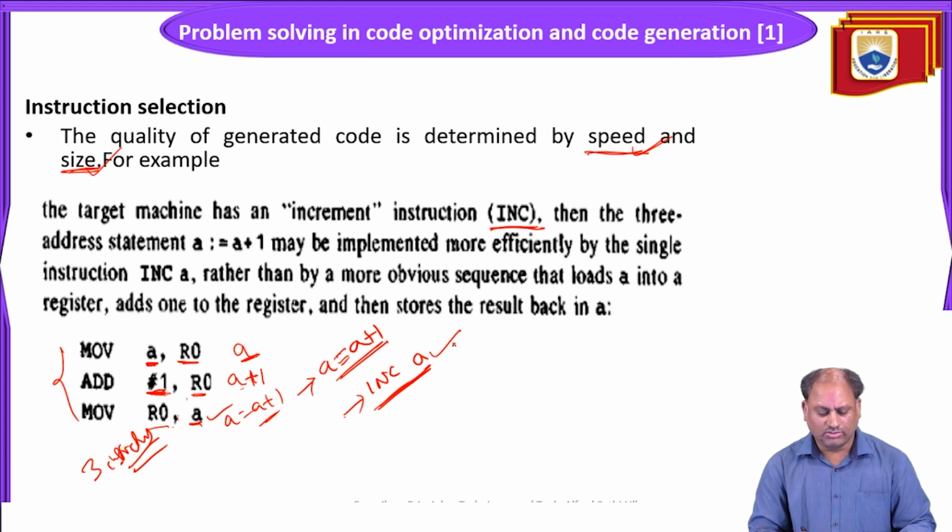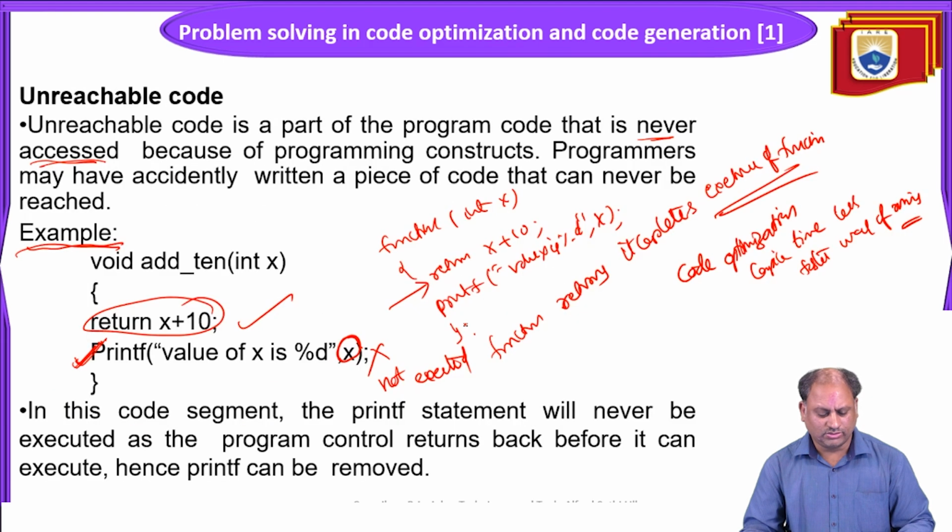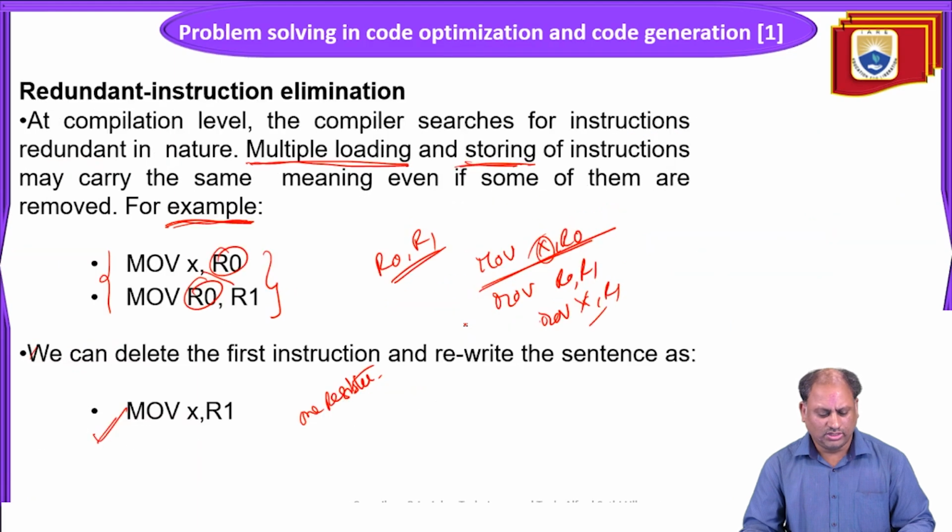But the quality of the code should also be looked at with factors such as speed and size. Those are the two cases. So that is the case of selection of an instruction by means of these two parameters. The previous one, code that is not attempted as part of the program, is called unreachable code. Another one is instruction selection.